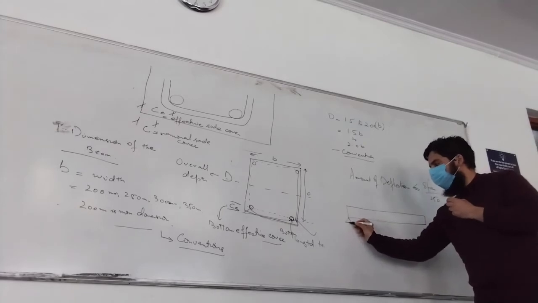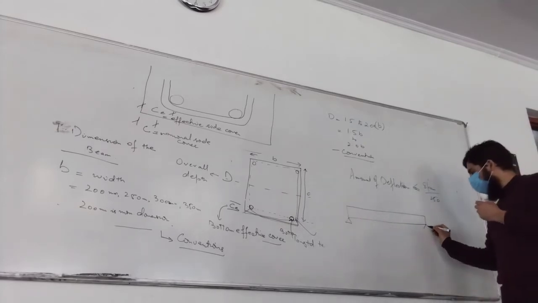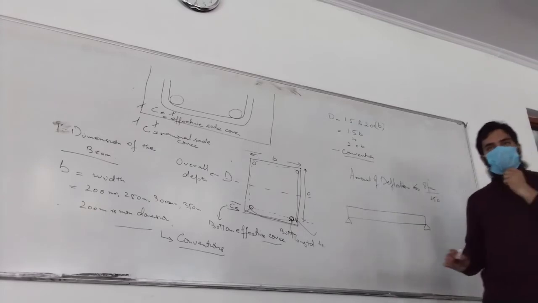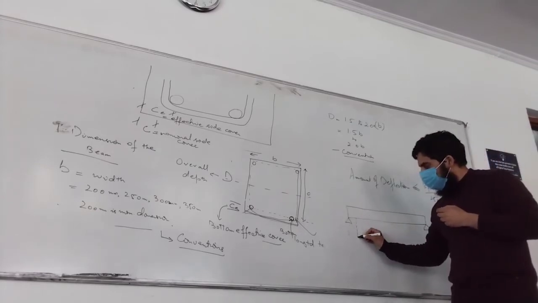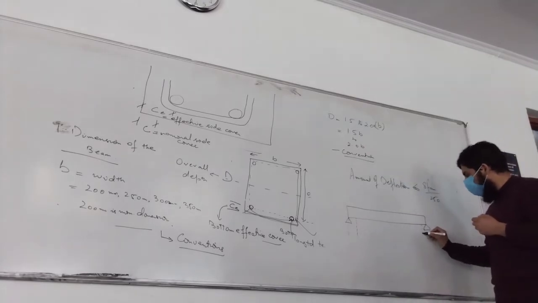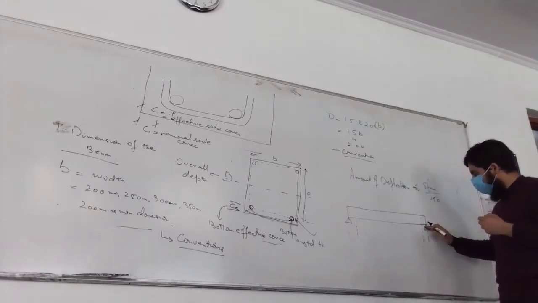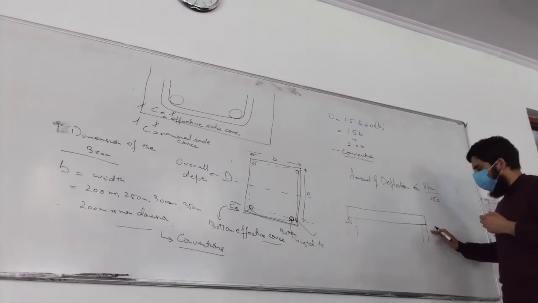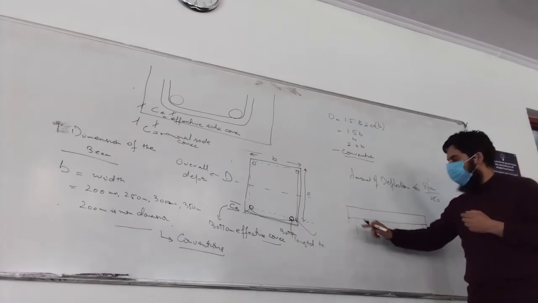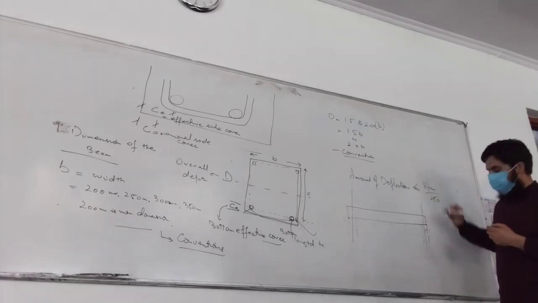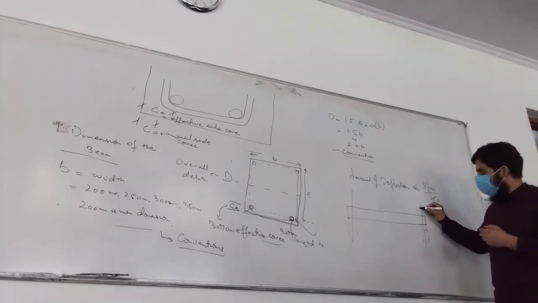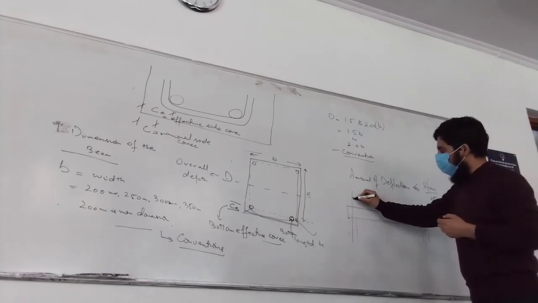It has got support at ends. This support is never a point. It's always like this. So if you take from this point, the center of the support, to the center of the other support, this is effective span.